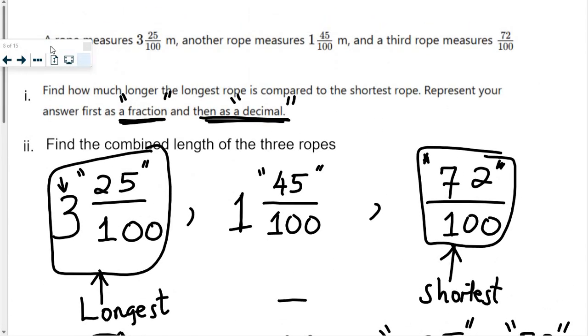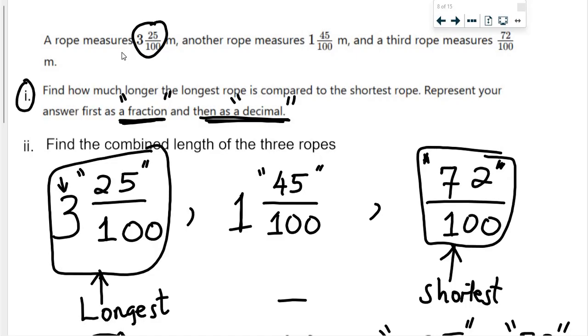So this is the question. And you can do numbering that we have done Roman 1. And what is remaining is Roman 2, which is finding the combined length of the 3 ropes. So Roman 1 was to find the difference between this number and this number.